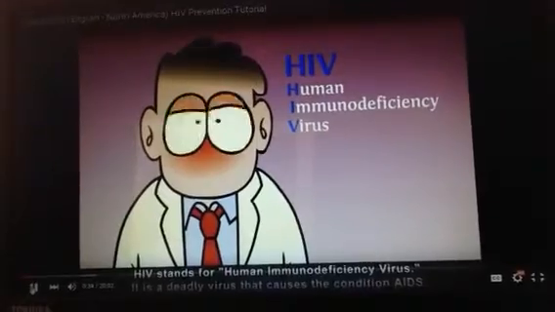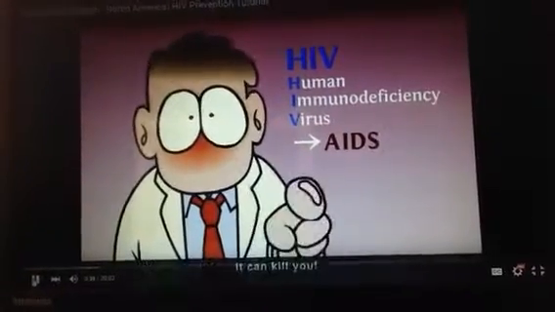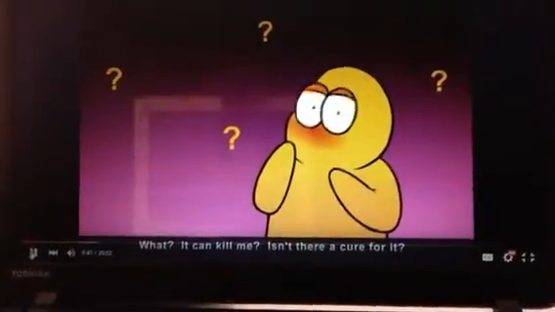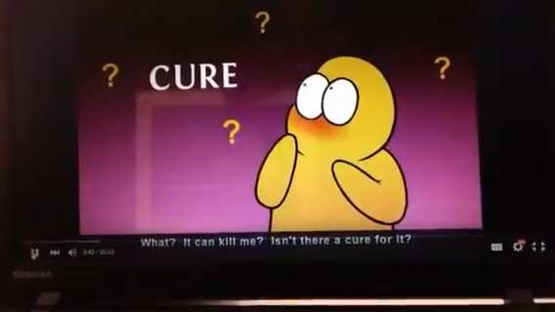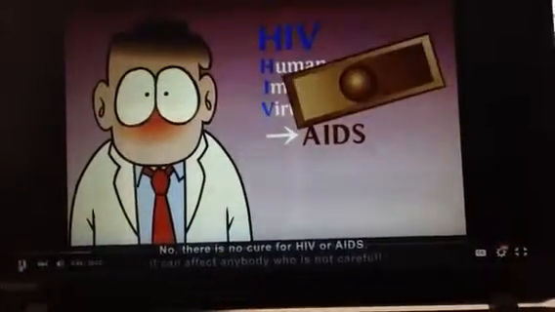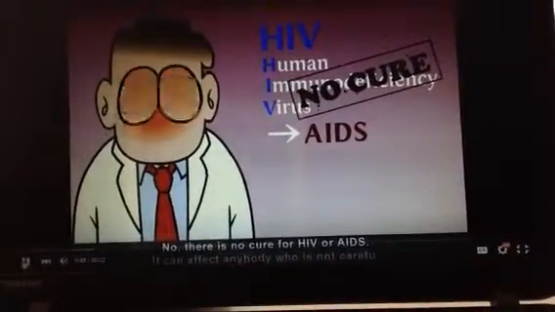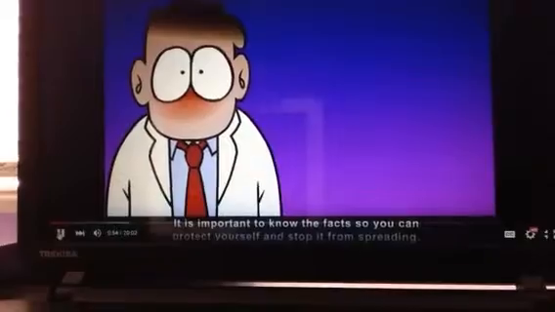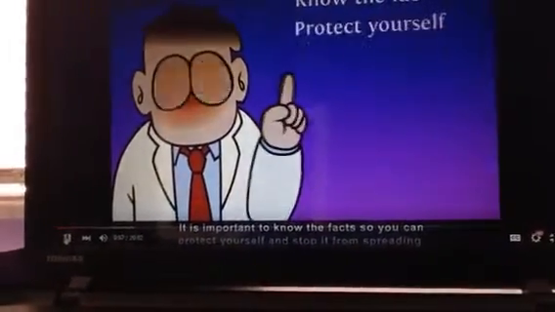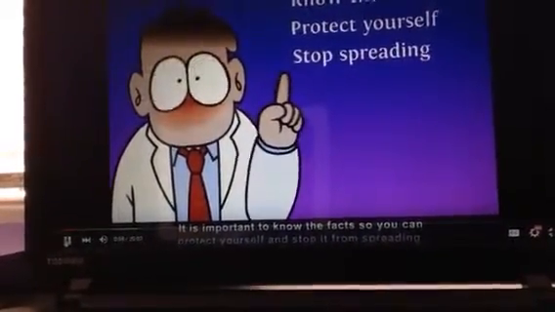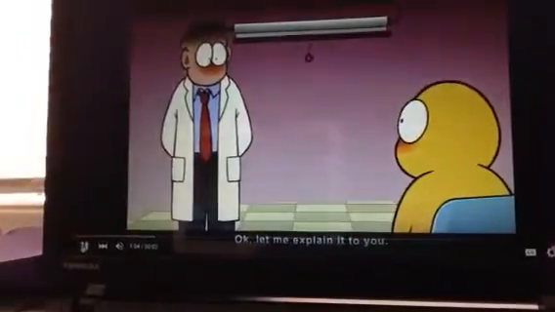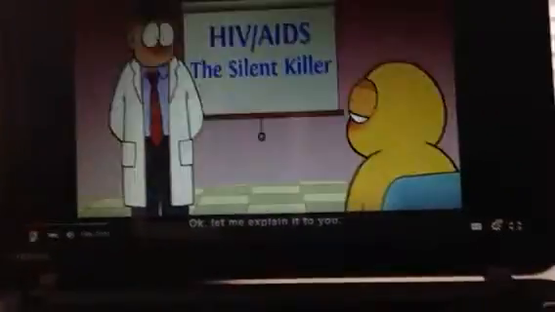It is a deadly virus that causes the condition AIDS. It can kill you. What? That was a little bit drastic. It can kill me? Isn't there a cure for it? No, there is no cure for HIV or AIDS. It can affect anybody who is not careful. Since there is no cure, prevention is the best defense. It is important to know the facts so you can protect yourself and stop it from spreading. Why is it dangerous? How does it kill? Okay, let me explain it to you.